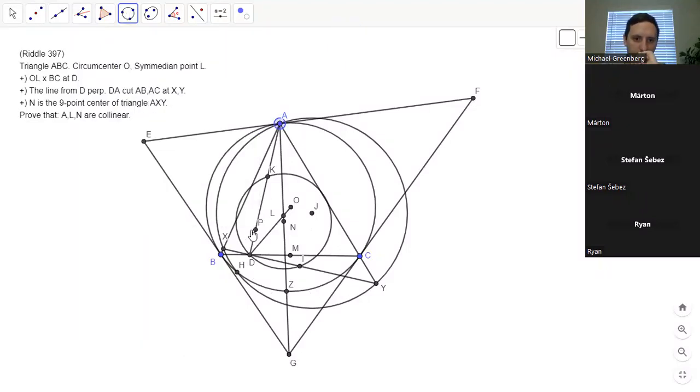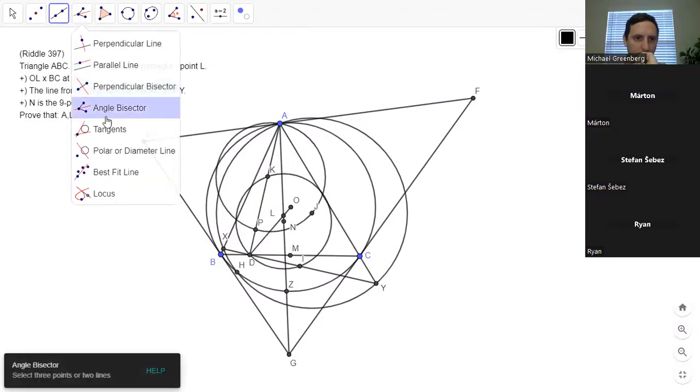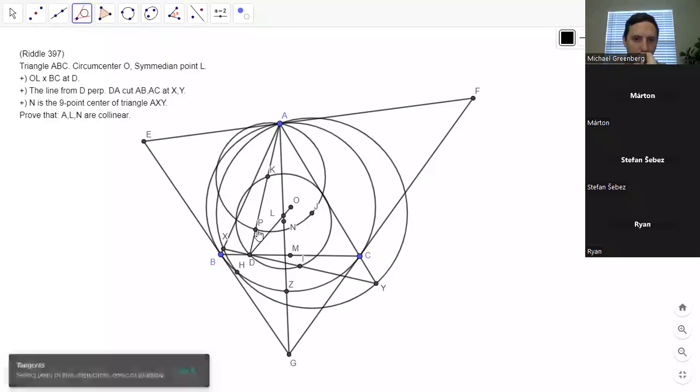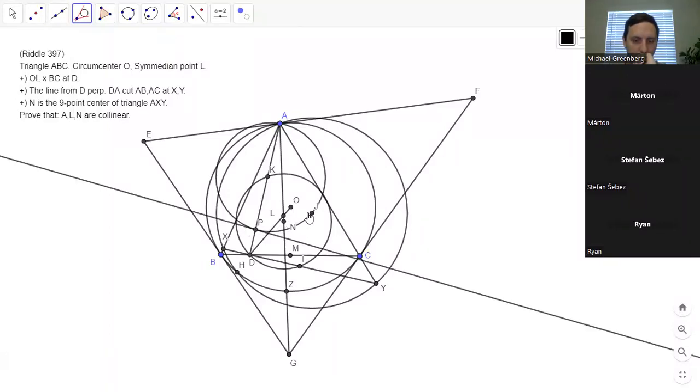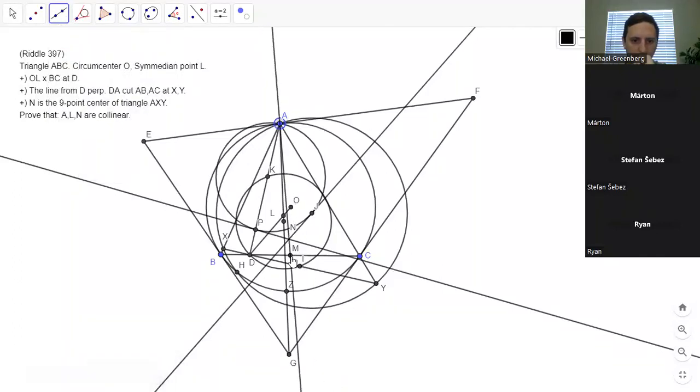I wonder if we draw the tangents at P and J, see where they meet. Interesting.